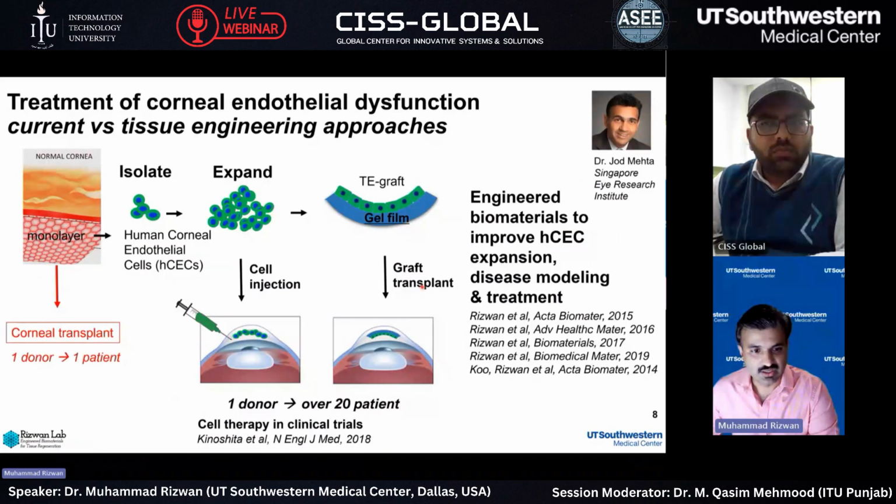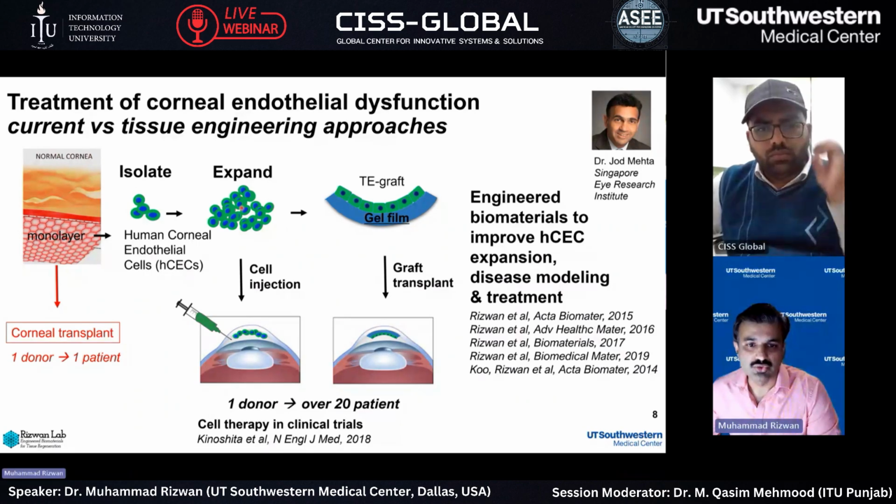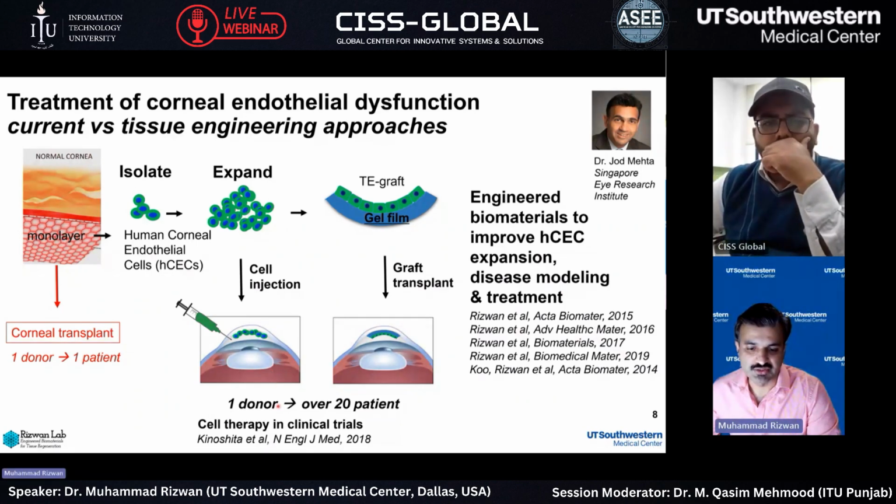So what we thought during my PhD, I was collaborating with Dr. Jawad Mehta at the Singapore Eye Research Institute. We thought that instead of doing a normal cornea transplantation into a patient, which is only good for treating one patient, why don't we isolate these cells from that donor cornea and try to grow these cells in the lab so that we can treat multiple patients?